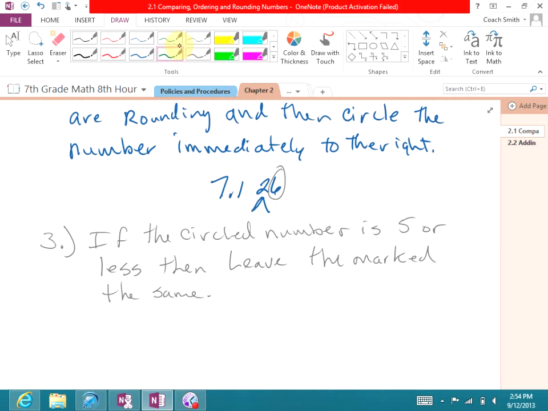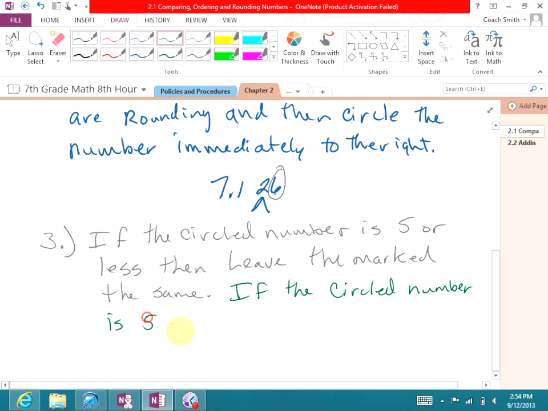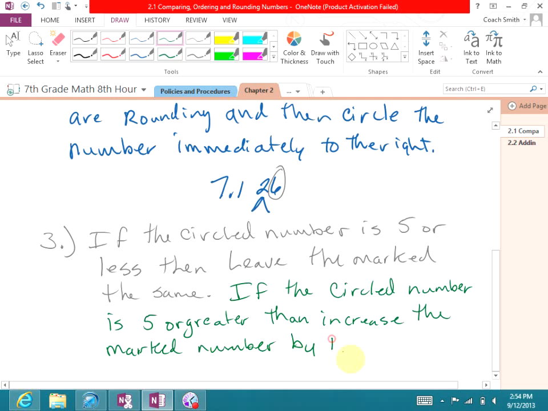The second part of that is if the circled number is 5 or greater, then increase the marked number by 1.